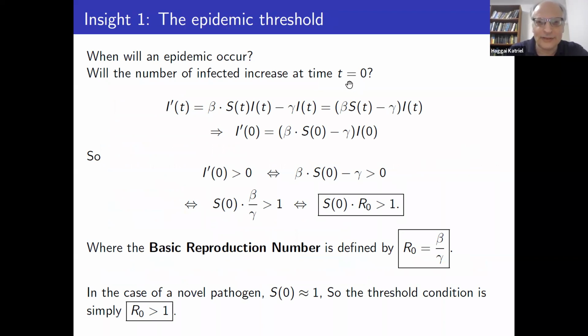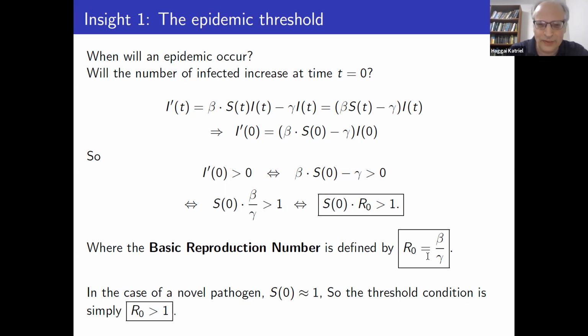If you look at time t equals 0, let's say when the pathogen was introduced into the population, and we look at the equation for the number of infected, we see that it will increase if this expression is positive. We can write this expression in a different algebraic form like this.